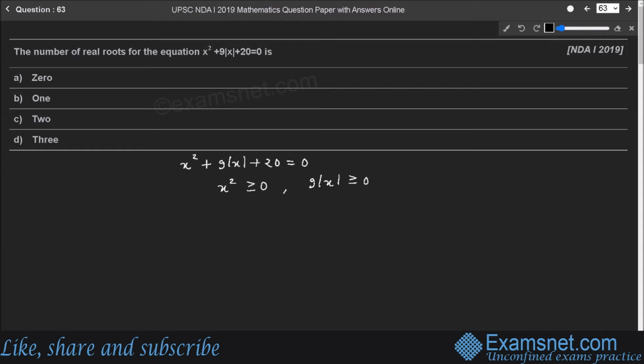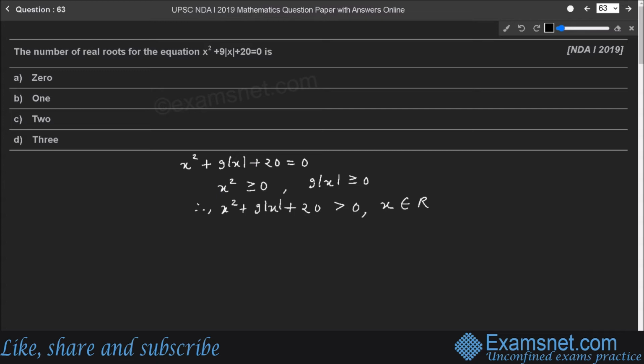Hence, we can say that x square plus 9 modulus of x plus 20 is greater than 0, where x belongs to R.